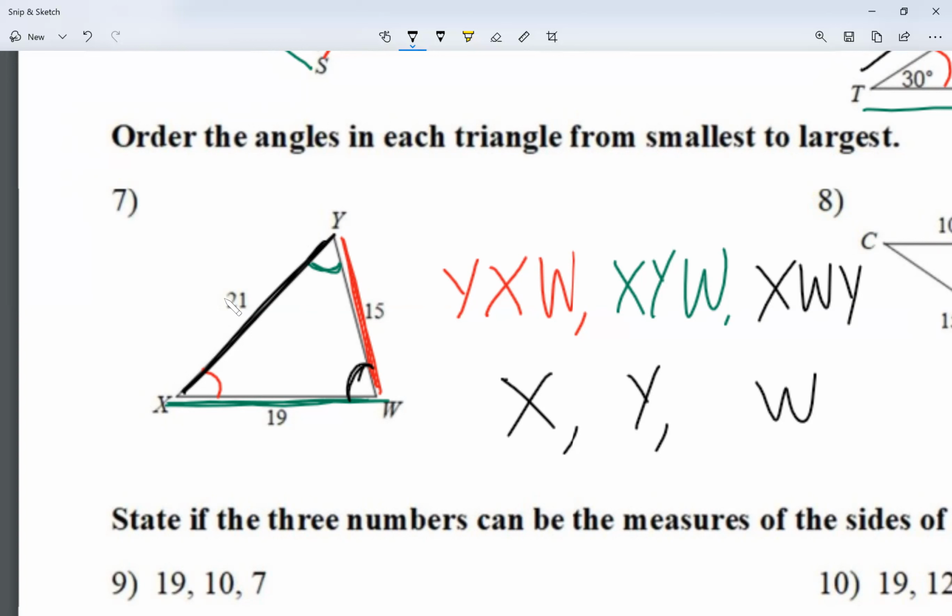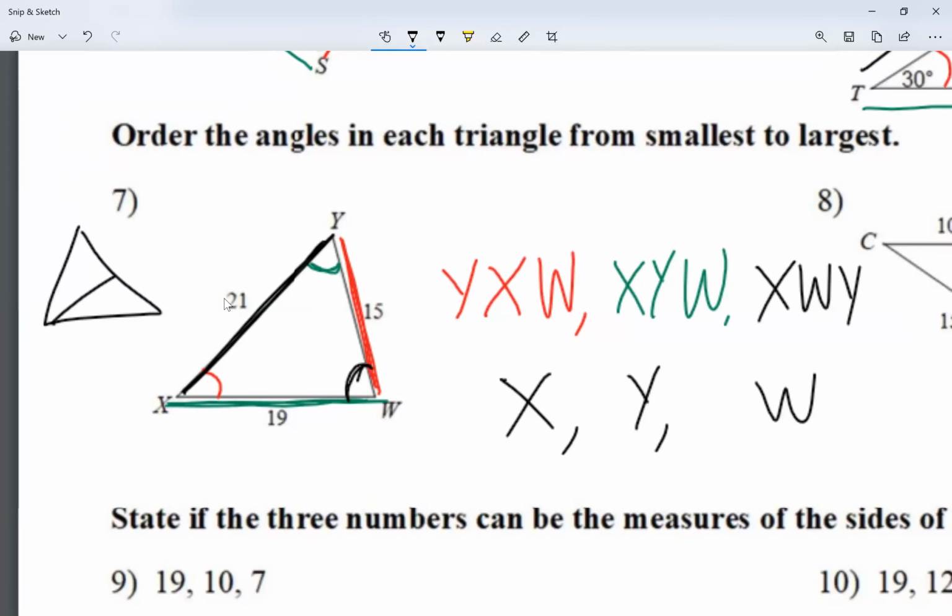Now, what if it's not a unique corner? What if I had something like this, X, and let me call this Y, this W, and there's a Z, there's this corner. And then I ask you, look at corner Y. And then you don't know exactly which corner I'm talking about.